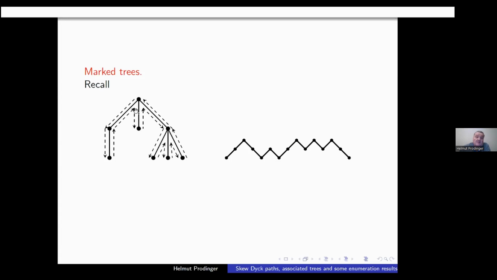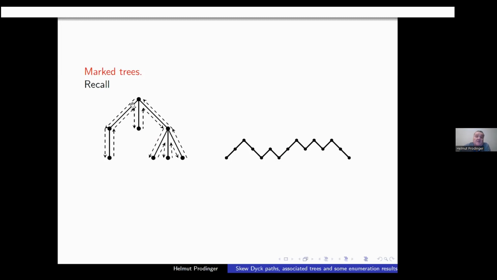So let's consider ordered trees, as you see here, or planar trees or whatever. And how does one translate that into Dyck paths? One just walks around the tree, and one sees every edge exactly twice, the first time and the second time.